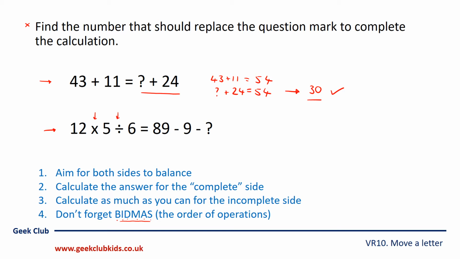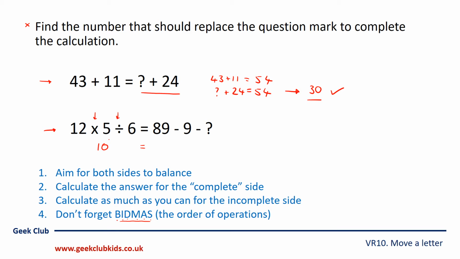So looking back at the question, we've got 12 times 5 divided by 6. Multiply and divide have the same priority in BIDMAS, so we can just do them in the order in which they come. 12 times 5 is 60, divided by 6 is 10. So this side equals 10. And so we need to make sure the other side equals 10 too.